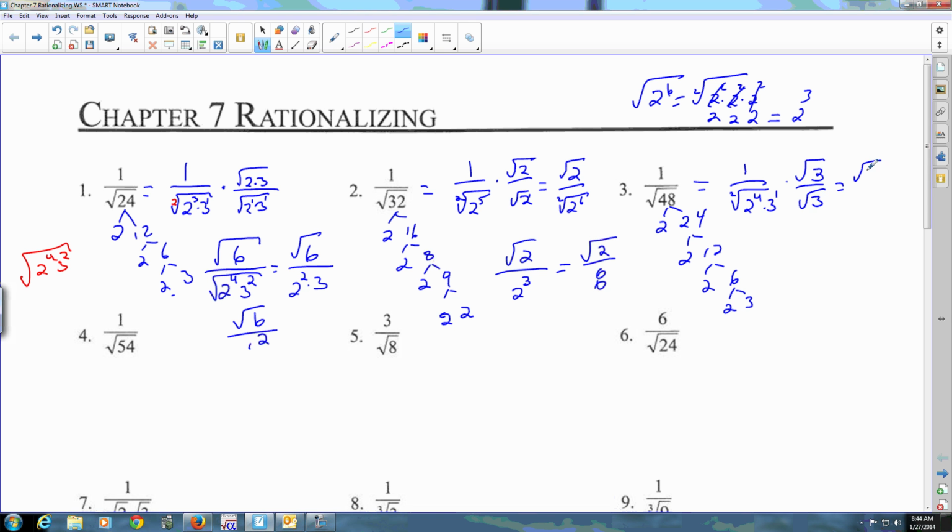So the top is the square root of 3, the bottom is 2 to the fourth, 3 squared. So the whole bottom is ready to come out. So square root, 2 to the fourth, 2 goes into 4 twice, so 2 squared, 2 goes into 2 once, times 3, square root of 3 over, and then that's going to become 12. Again, nothing's going to reduce because you can't. This is out of a root and that's in a root.